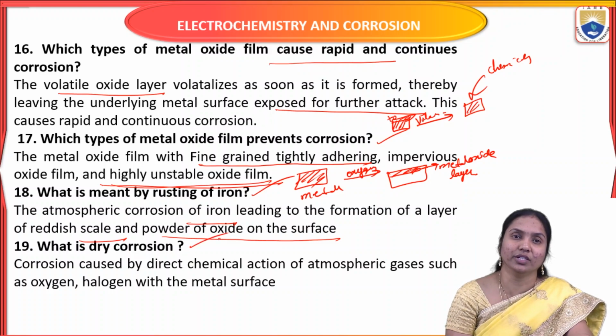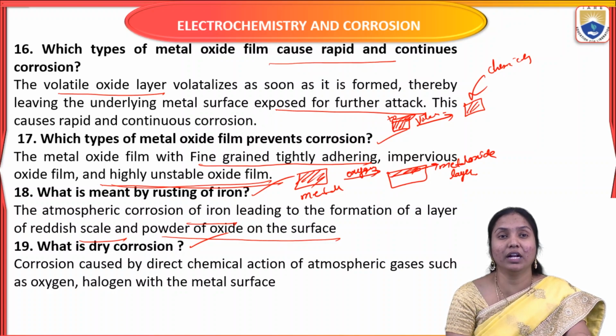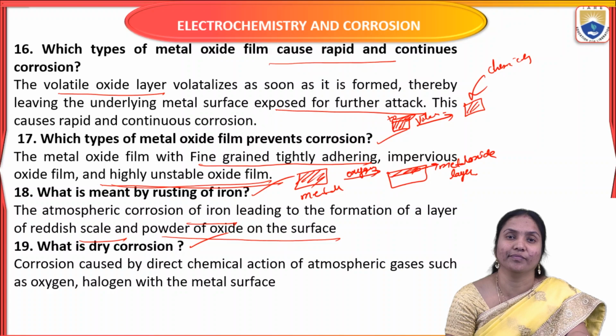What is dry corrosion? Here, corrosion means loss of metal by attack of the environment or atmospheric conditions. That process is called corrosion. There are two types of corrosion: dry corrosion and wet corrosion. Dry corrosion is also called direct chemical corrosion.